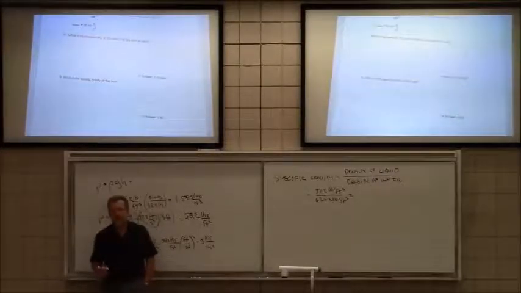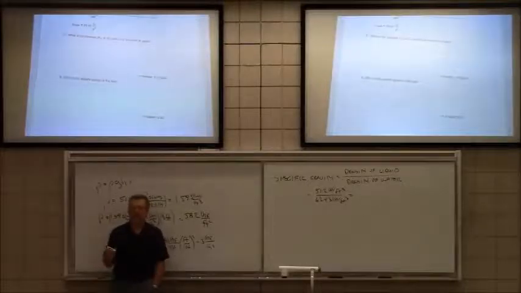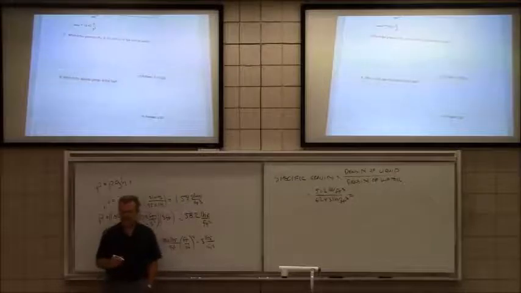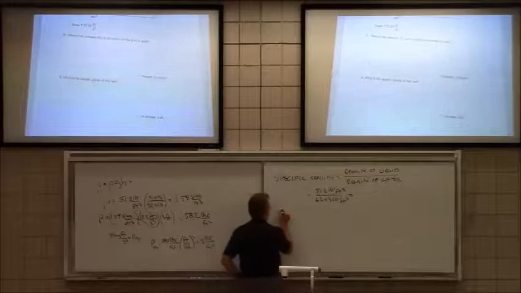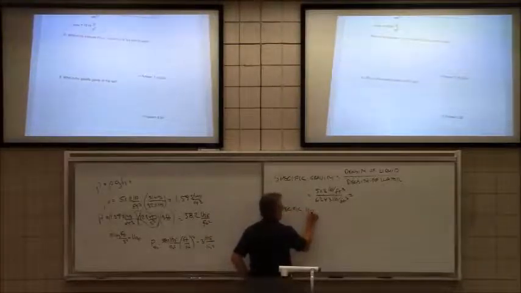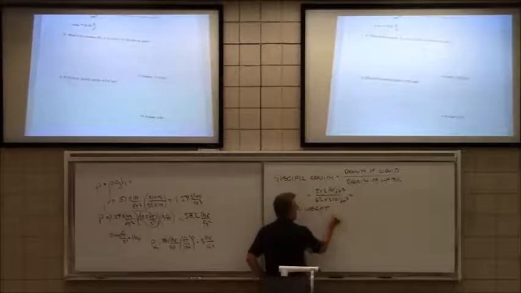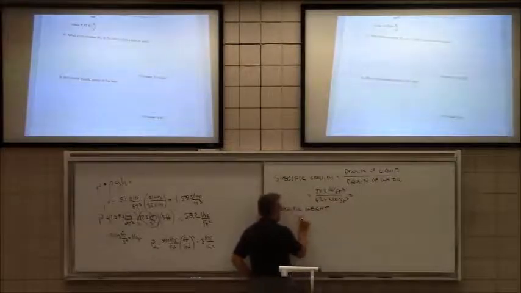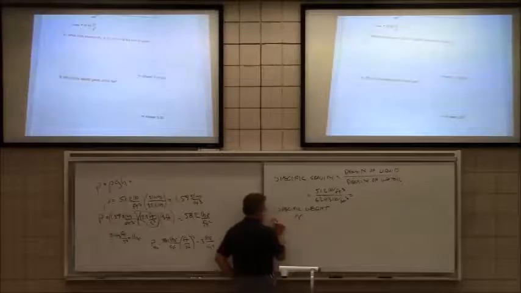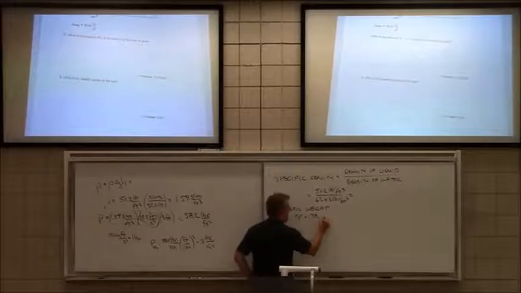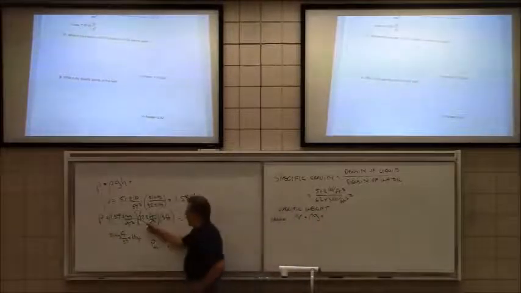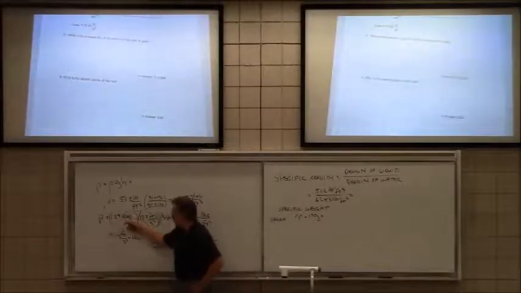Does everybody know the difference between this and the specific weight? What is the specific weight? This is this Greek letter gamma, and this is equal to rho g. Now, in this case, we have to be in slugs.